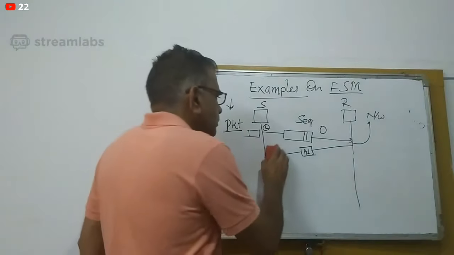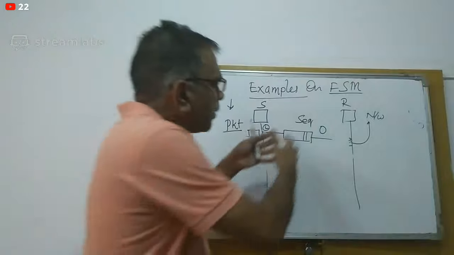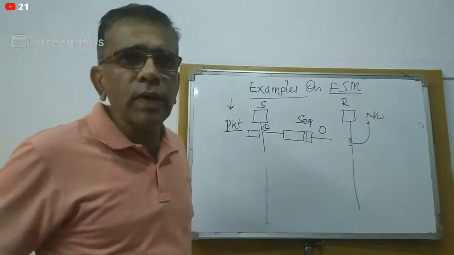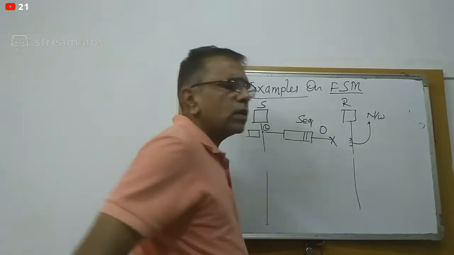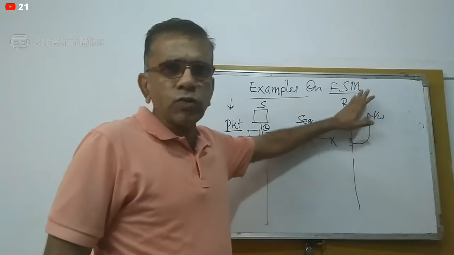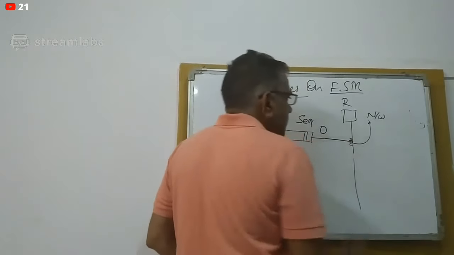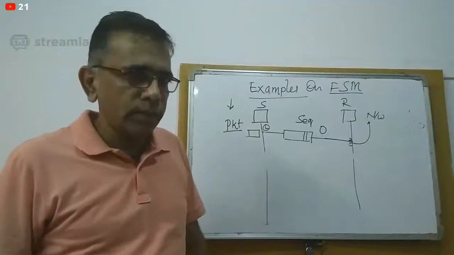And whenever there is loss of a frame, or if a frame appears at a receiving side with some errors, how exactly will the receiver react to that? Whenever the frame is lost, there is no question, the receiver is not getting anything, so it has to keep quiet. But if the frame comes at a receiving side with errors, how exactly does the receiver deal with it?